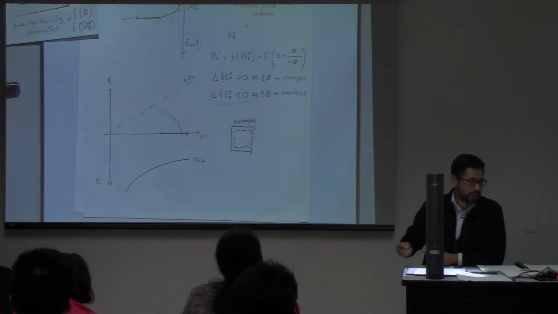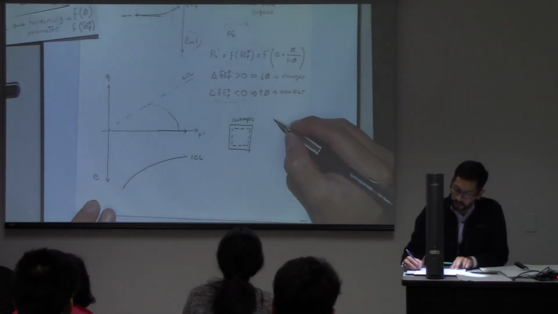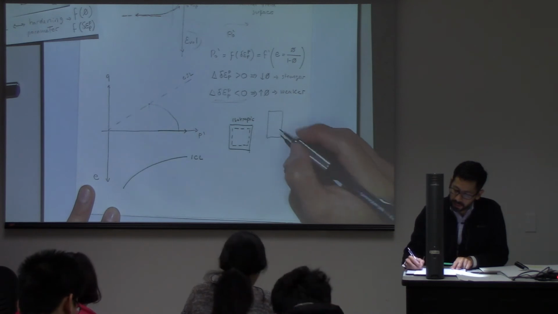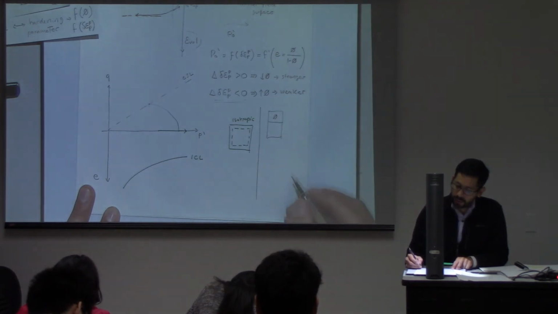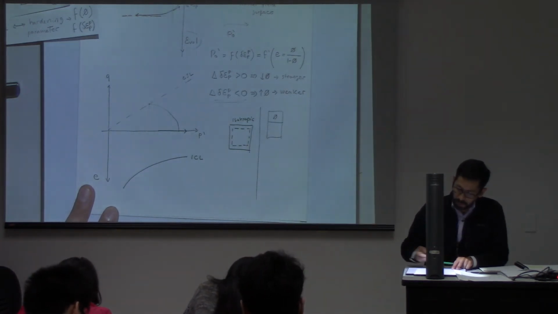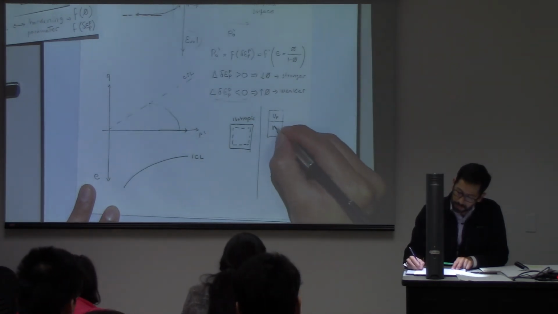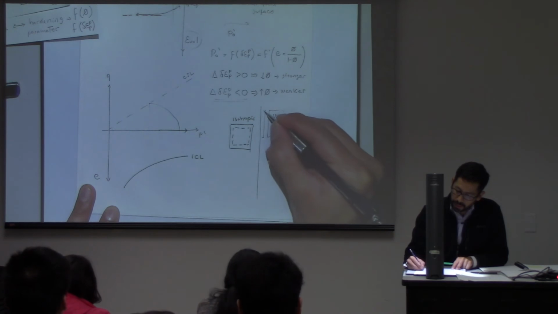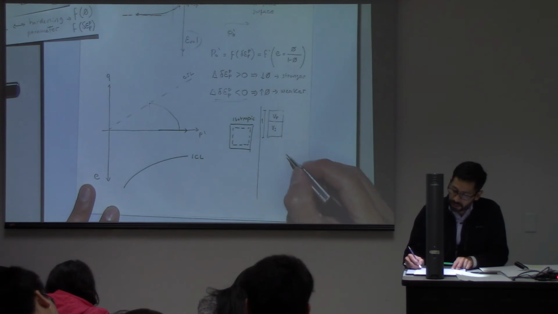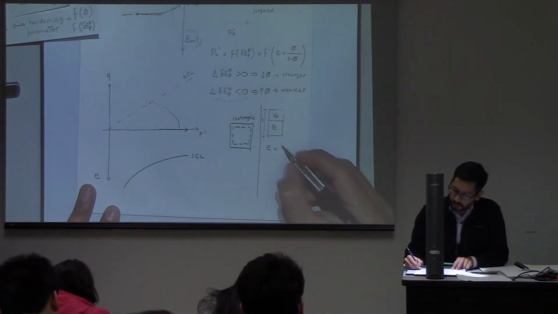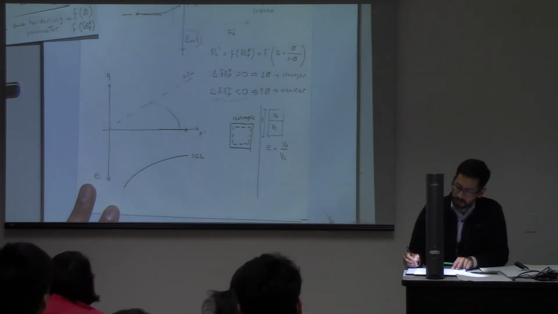Let me explain the void ratio now, because I think this is a good opportunity. If you have a material that you could conceptualize as being made of volume of the pores and volume of the solids, and this one is equal to 1, the definition of the void ratio is the volume of the pores divided by the volume of the solids.